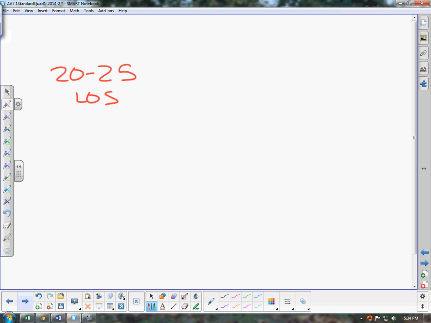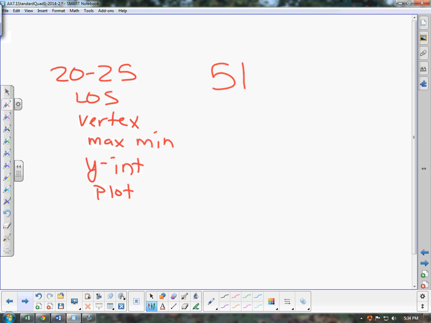Figure out where the line of symmetry is, where is the vertex, tell me if that vertex is a maximum or a minimum, and also find the y-intercept, and then plot some points and sketch a very fine graph of it. Once you have those 6 done, then I want you to also answer question number 51. And that would be it.